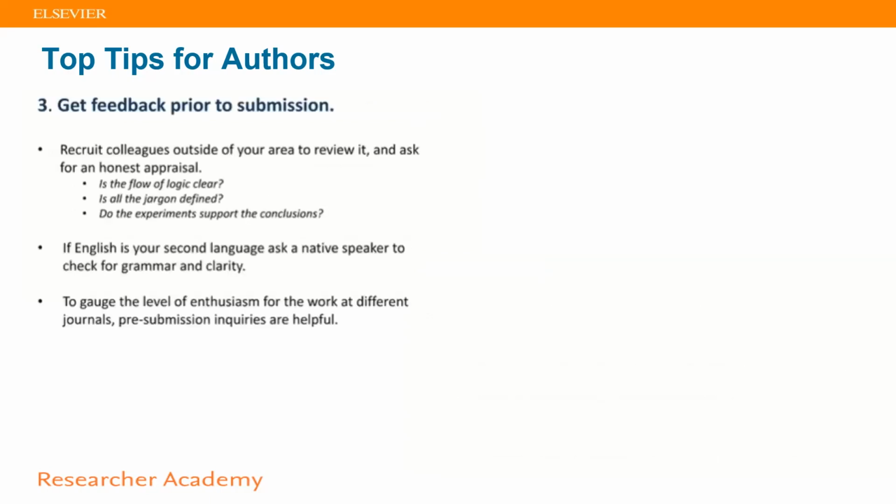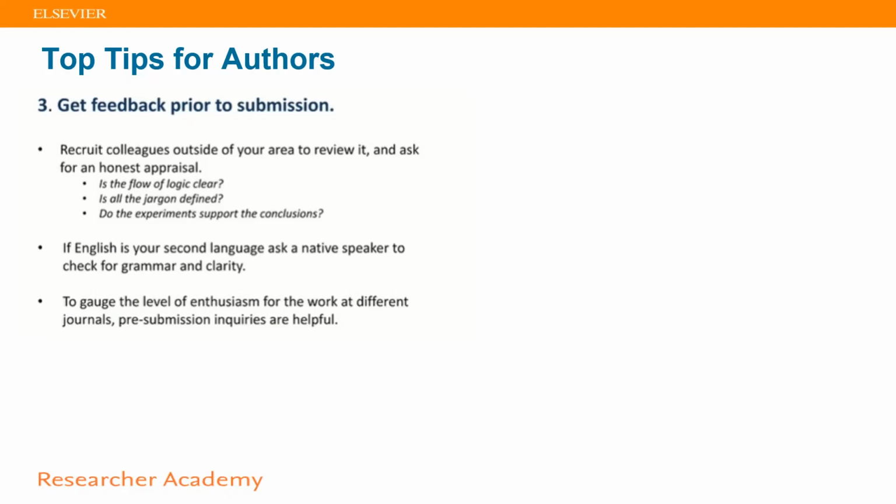I have to get feedback before submission, from yourself and from your colleagues, and your colleagues can be inside the field and outside the field. The main point here is clarity. I need my manuscript to be clear and understood.